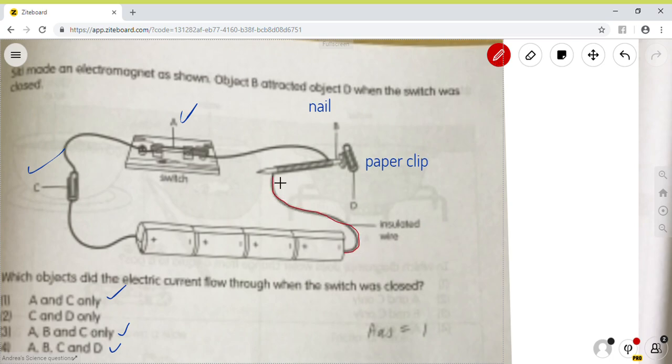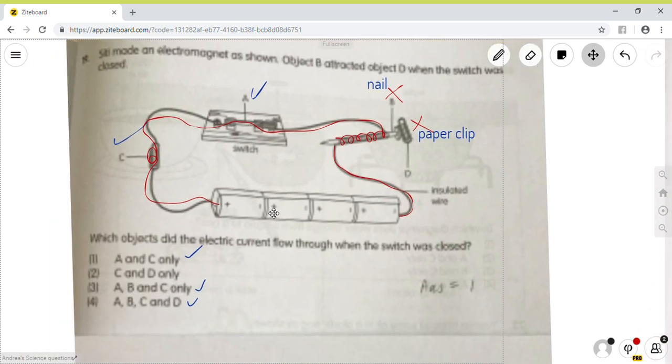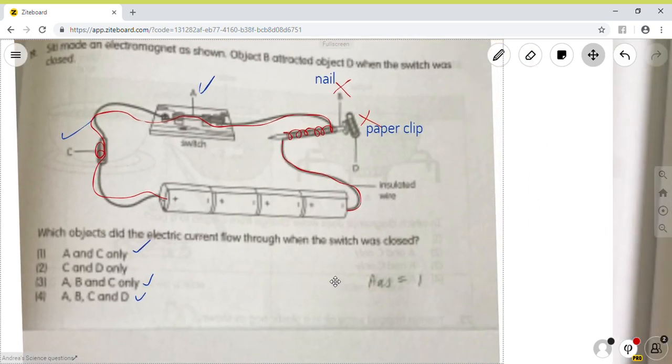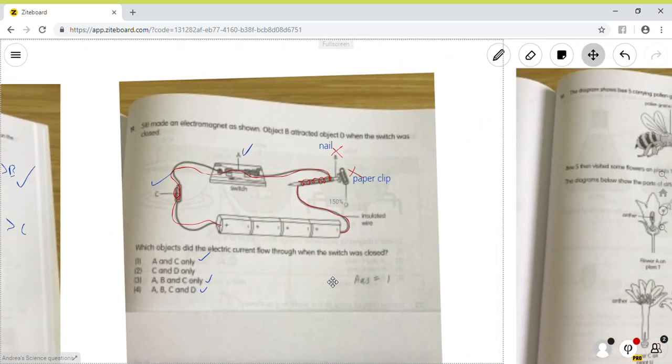Now, does it go through the nail? It doesn't. It actually goes through the wire around it. Then go this way, go through the switch, then it must pass through the paperclip, and then go back. So can you see that it does not pass through the nail, also don't pass through the paperclip. Electric current doesn't go through that. So it's option 1. Yeah, A and C only.